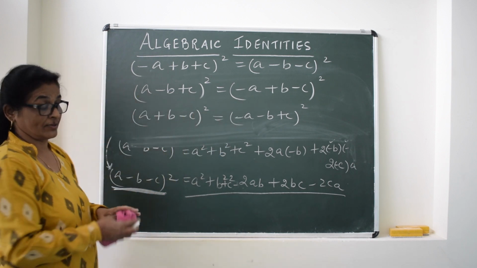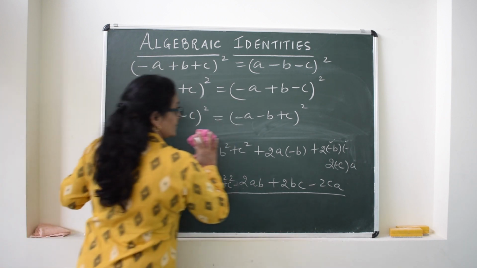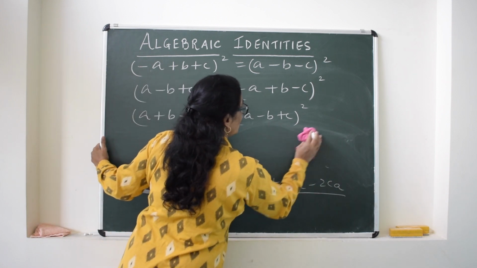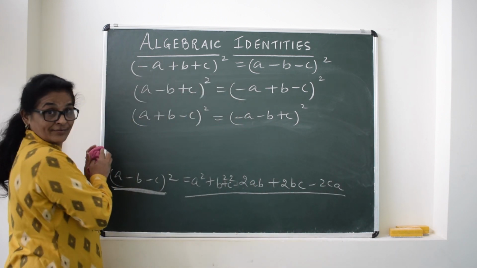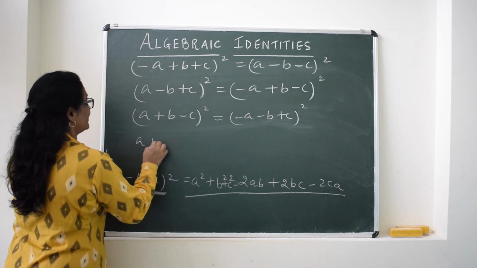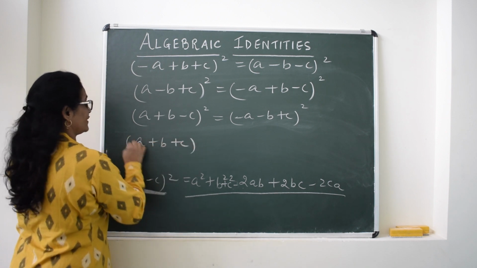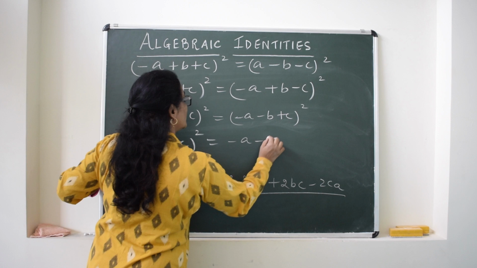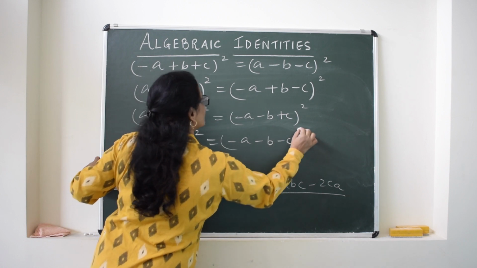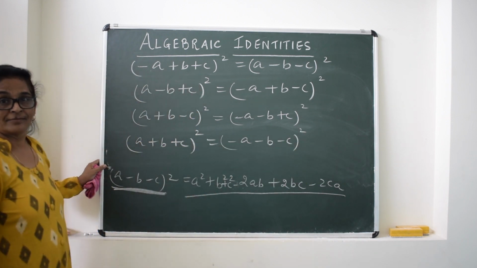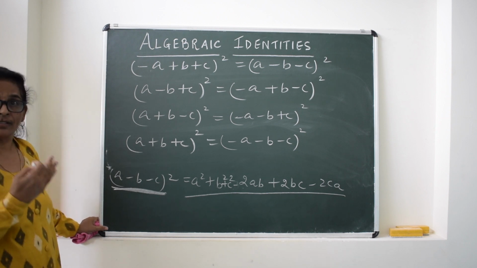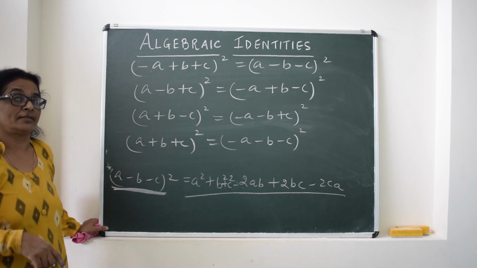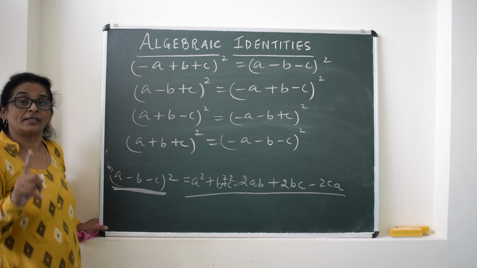One more interesting thing is there. That is, if all three terms are negative, then this is also equal to a plus b plus c the whole square. So these are also the results related to the same identity.